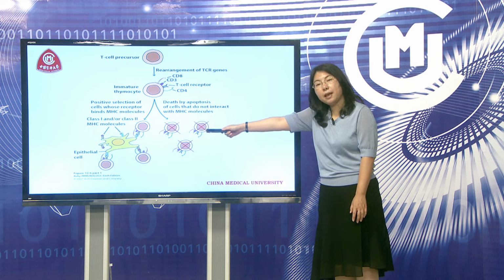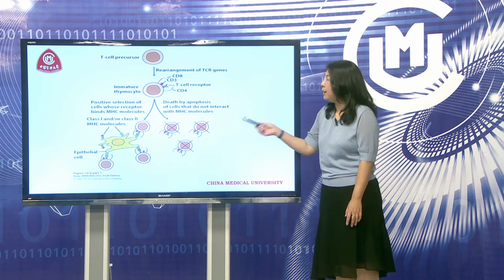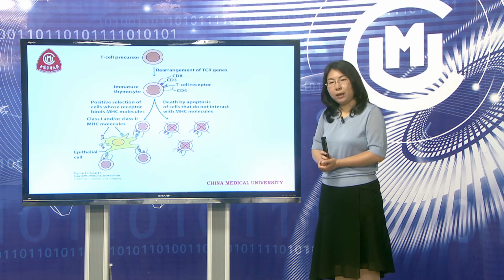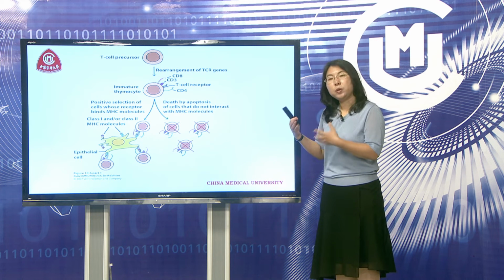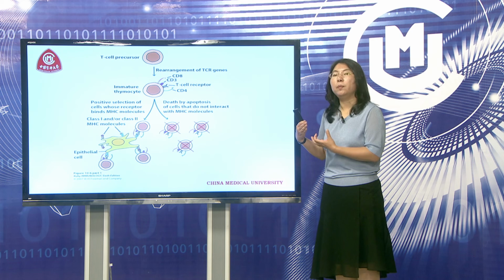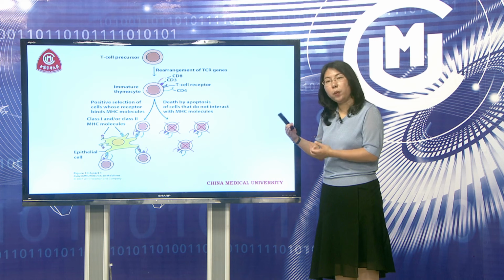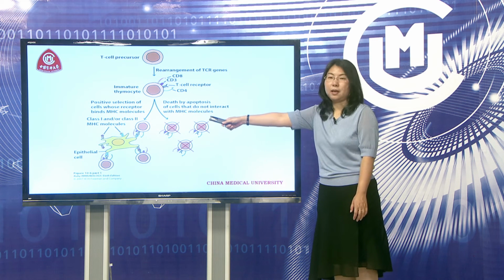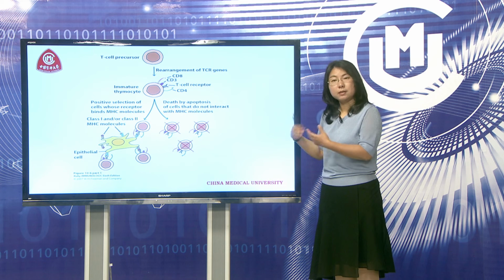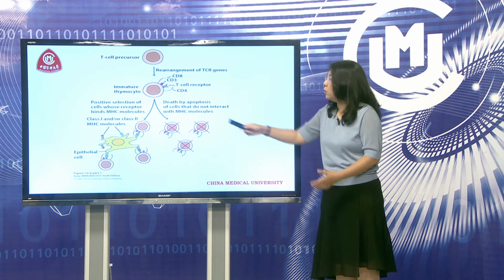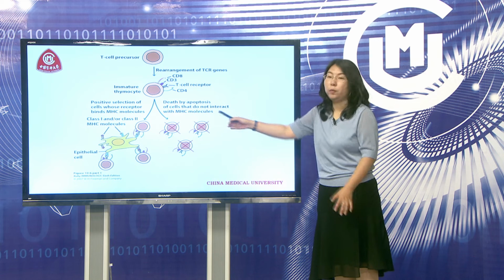So the CD8 molecule binds the alpha-3 domain of the class 1 molecule, right? So now the CD8 molecule receives a positive signal. So the CD8 molecule will remain on this T-cell. And the CD4 molecule doesn't receive a signal, right? So this CD4 molecule will disappear.